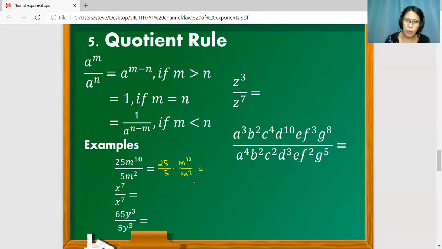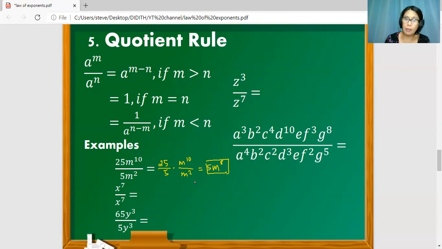So we'll perform division here. 25 divided by 5 is 5. And then since m is greater than n, since 10 is greater than 2, we will copy the base m and then subtract 10 minus 2. So we have m to the 8. So this is the answer.